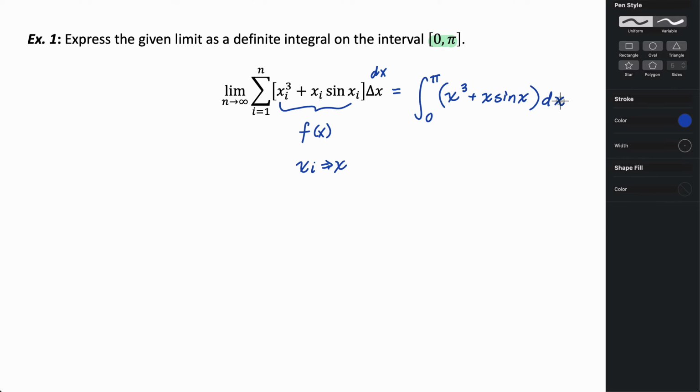So this whole thing, as crazy as it looks, is really just as simple as rewriting it, replacing x sub i's with x. The delta x becomes our differential of x, and this whole limit of the sums is basically what we're denoting here. And it's over this interval from 0 to pi. And that would be how you would write this summation notation in integral notation.